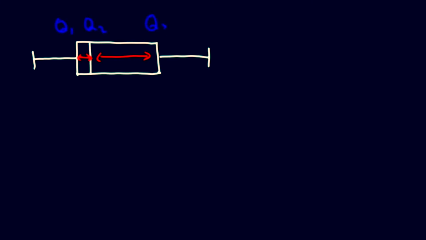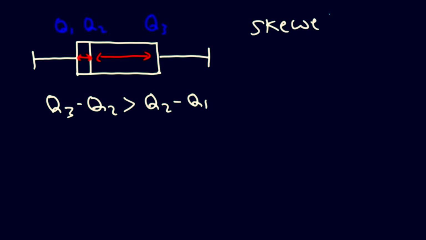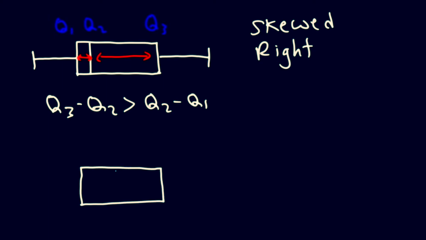So if you compare Q1, Q2 and Q3, Q3 minus Q2 will be greater than Q2 minus Q1. In this case, the distribution is skewed to the right. So just observe the box. If the length of Q3 minus Q2 is greater than Q2 minus Q1, that is skewed to the right.